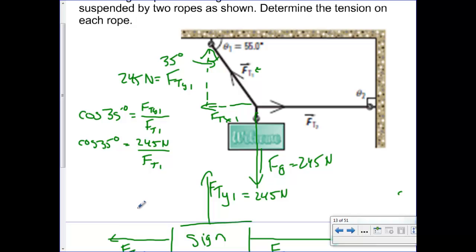How do I solve this then? Cos 35, yeah. So to find the tension, like to find the actual hypotenuse, it's going to be 245 divided by cos 35.